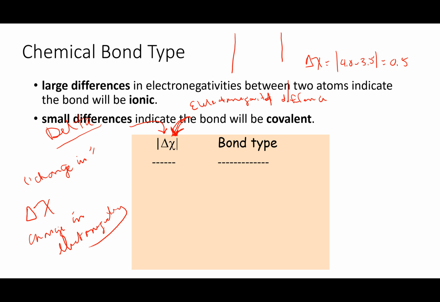Subtle differences mean the electron is going to be shared, so you'll have some sort of covalent bond. If your delta chi is 0, that means the electronegativity values of atom A and atom B are the same, so electrons are shared equally, and we call that a nonpolar bond.